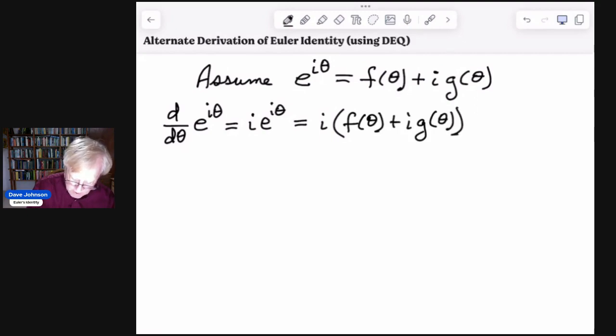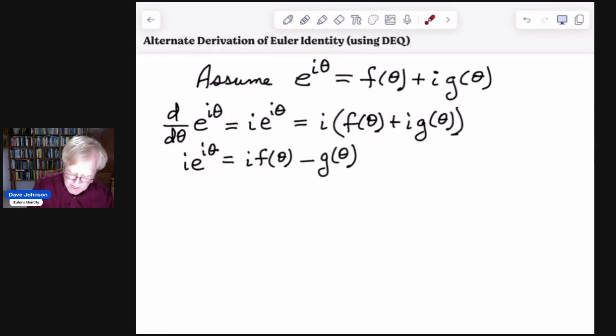And if I distribute, i e to the i theta is equal to i times f of theta minus, because i times i is -1, minus g of theta.